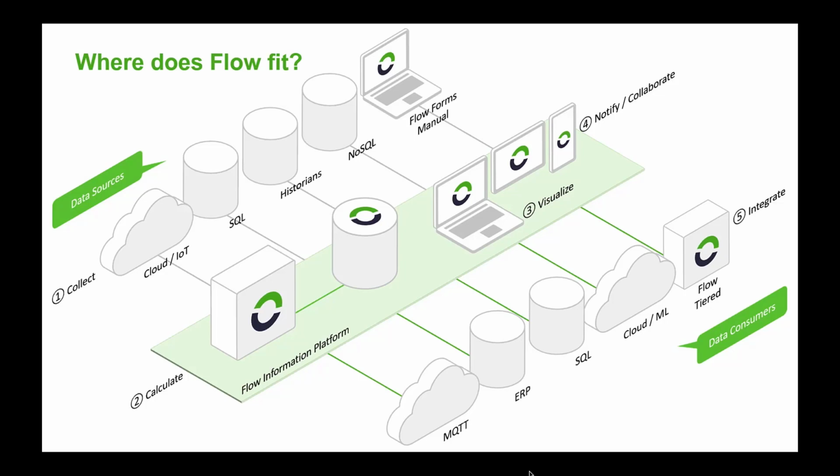So for example, if you're a multi-site organization and you have a fleet of manufacturing sites or industrial sites, with a Flow system autonomously collecting and calculating KPIs for each site, what you can do is push some of those KPIs up to a headquarter or regional Flow tier 2 system, which allows you to gather information from multiple places and start doing benchmarking and logistics planning across your entire fleet within that headquarter tier 2 Flow system.